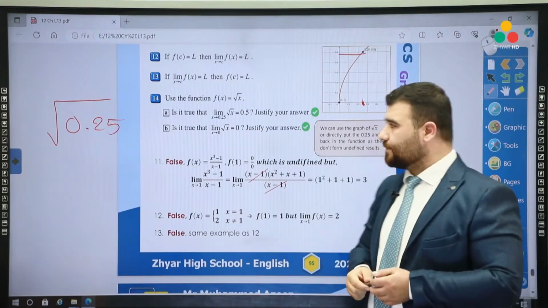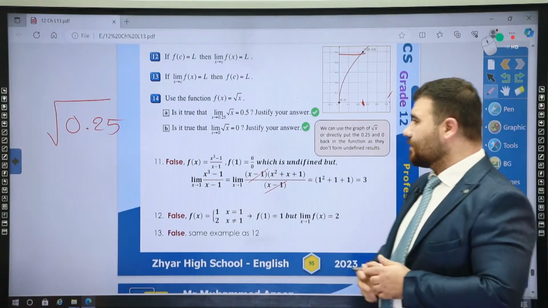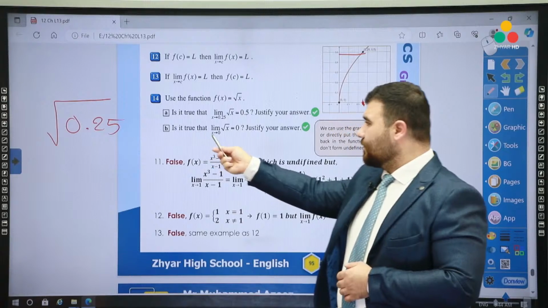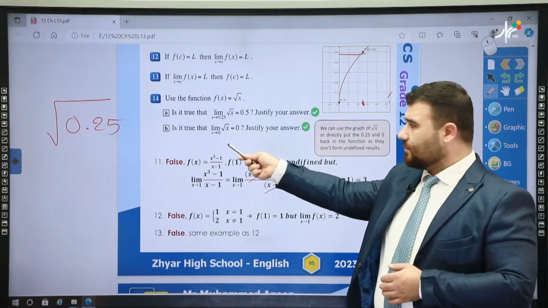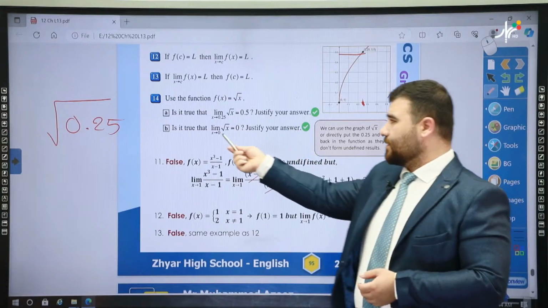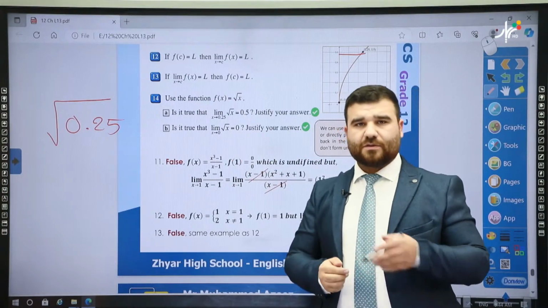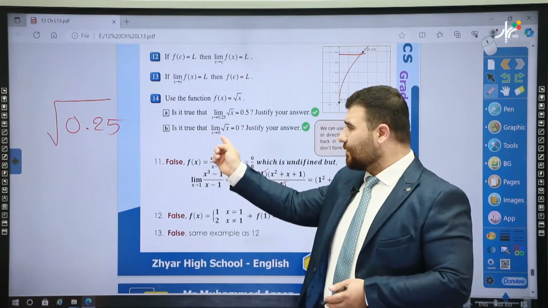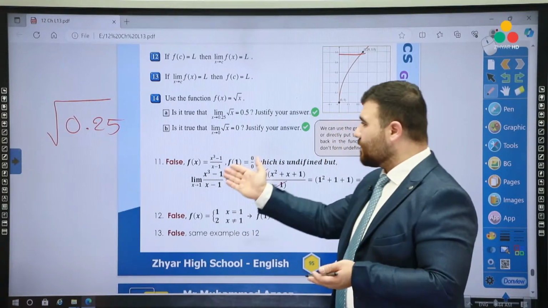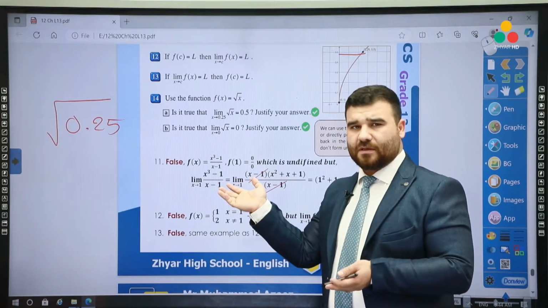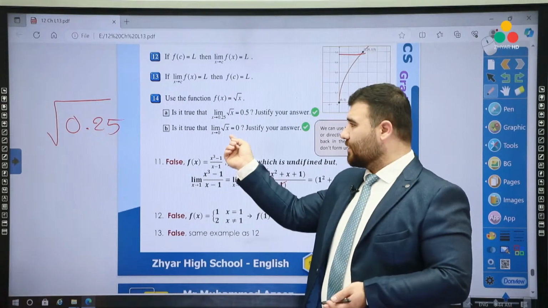Another thing: is it true that limit x tends to 0, square root x is equal to 0? Of course, if we put 0 in place of x, square root x is 0. At 0, we don't need to do left and right, because left side of 0, which are the negative numbers, are not in the domain of this function.